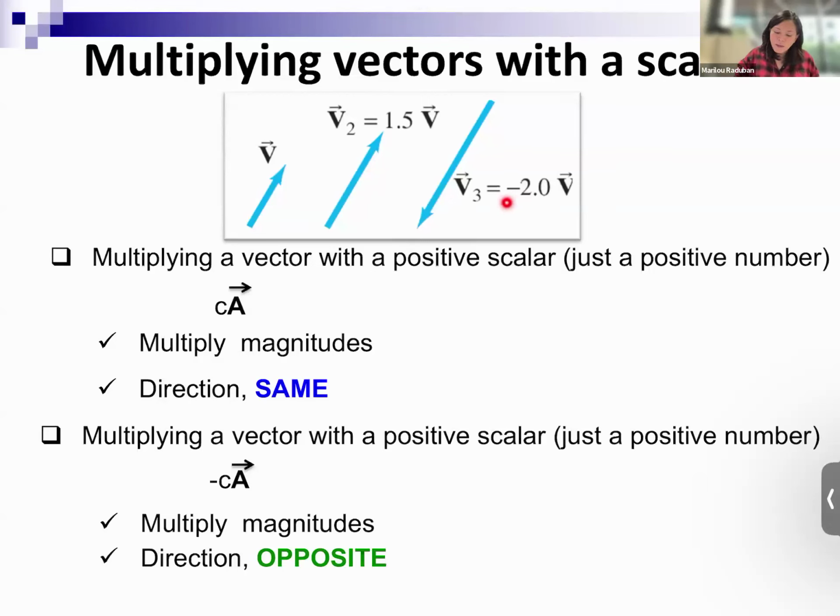But if we are multiplying the vector with a negative number, like this -2 here, the direction of the vector flips, because a negative sign means opposite direction. And the length of the vector will also change depending on the number you are multiplying, meaning the magnitude changes. Magnitude is represented by the length of the vector.